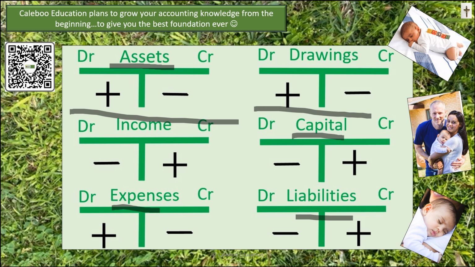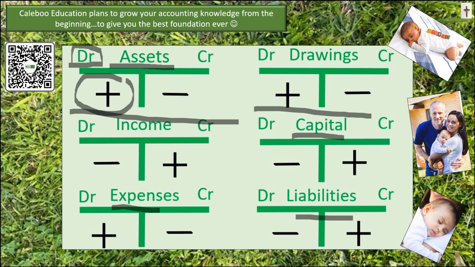Now, if there's an increase shown here by the plus sign in the value of an asset, the entry will go on the debit side, the left-hand side. I have explained what T accounts are, the debit side and the credit side. These are the rules. Very, very important rules.